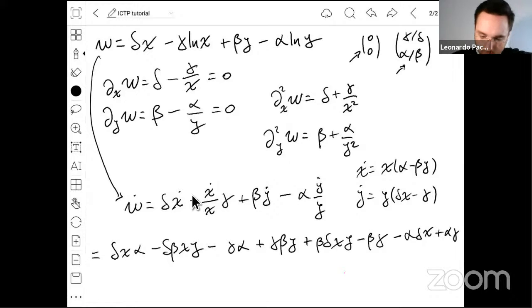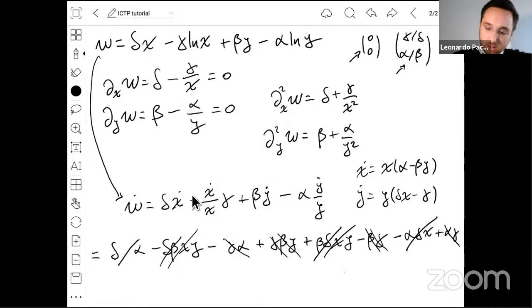I'm probably forgetting something, of course. No, okay, that's everything. So you see that, for example, this term here and this term here cancel out, then this term and this term cancel out, this term and this term cancel out, and then this term and this term, sorry, here I forgot to remove a y, cancel out. So in the end, this quantity is equal to 0.